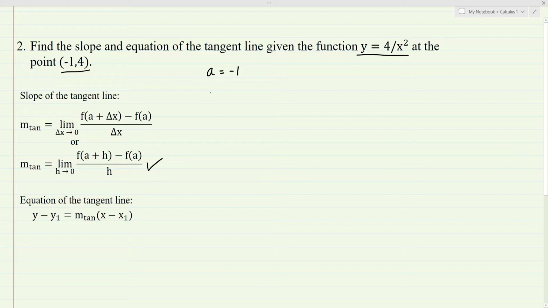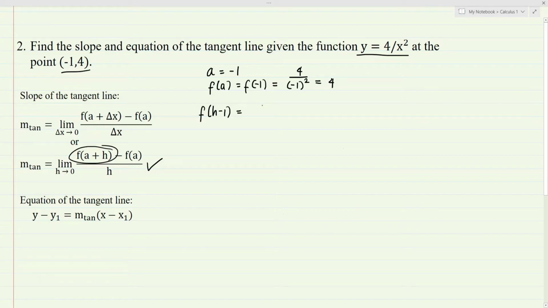Next, let's solve for f of a, or that is f of negative 1. Given the function 4 over x squared, f of negative 1 would be 4 over negative 1 squared, or simply 4. Next, I would have to solve for f of a plus h. Since a is equal to negative 1, I would have f of h minus 1.